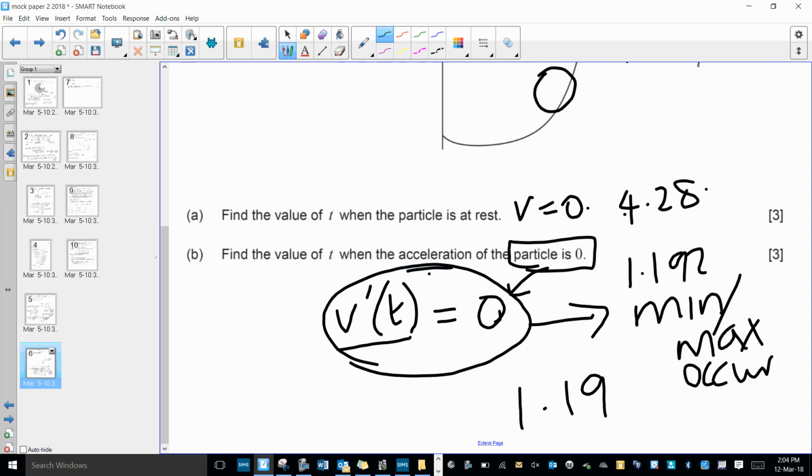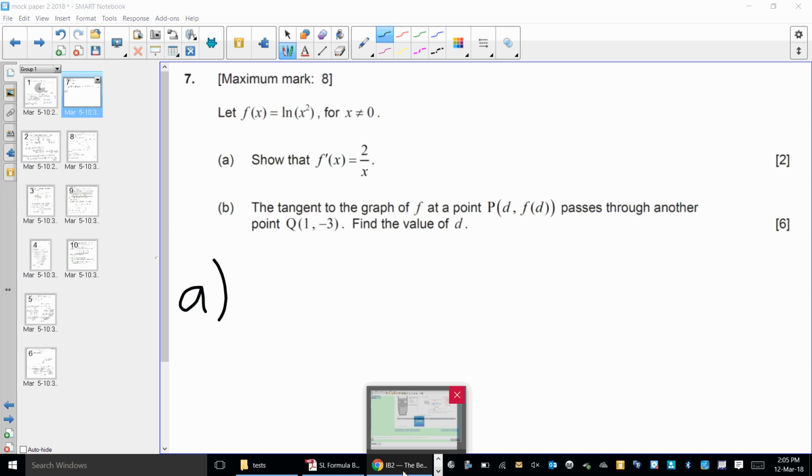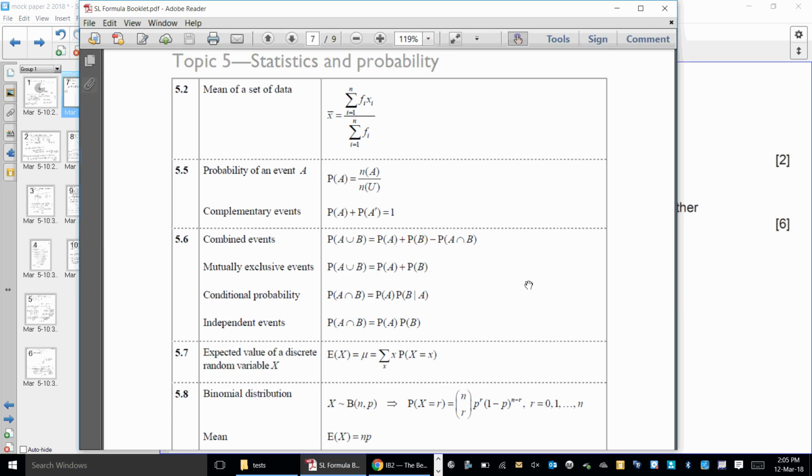Okay, number 7. Let f of x equal ln x squared, show that f dash of x is 2 over x. So we're differentiating. So if it was just ln x, let's remind ourselves of the derivatives here.